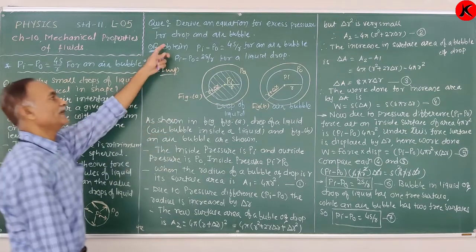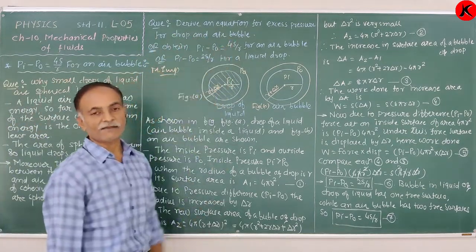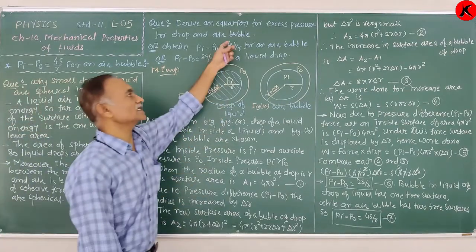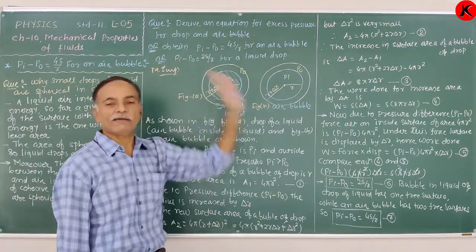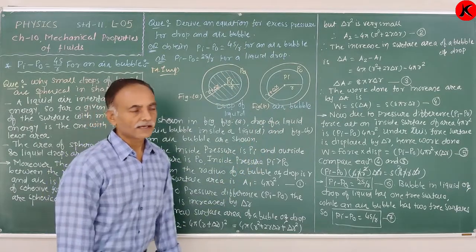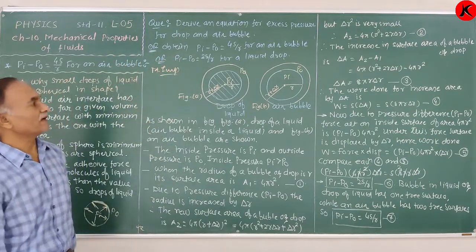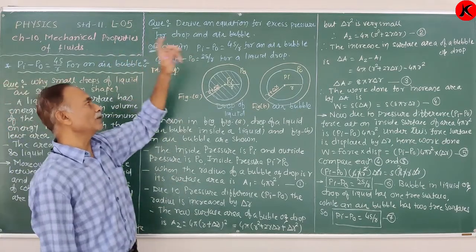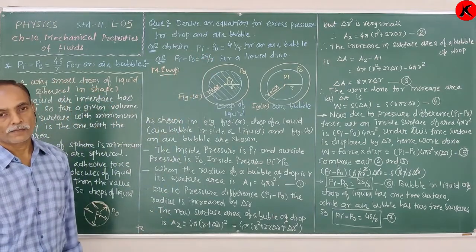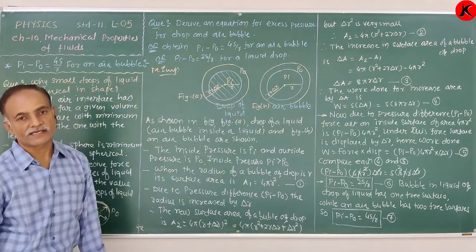Or: obtain the pressure difference Pi minus Po, where Pi is the inside pressure and Po is the outside pressure, equal to 2S upon R for an air bubble formed in a medium. Or this question is also asked in this manner: show that the pressure difference Pi minus Po is equal to 2S upon R for a liquid drop or an air bubble formed inside the liquid.